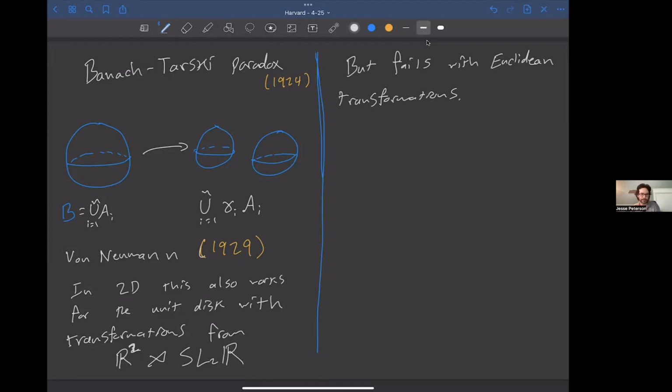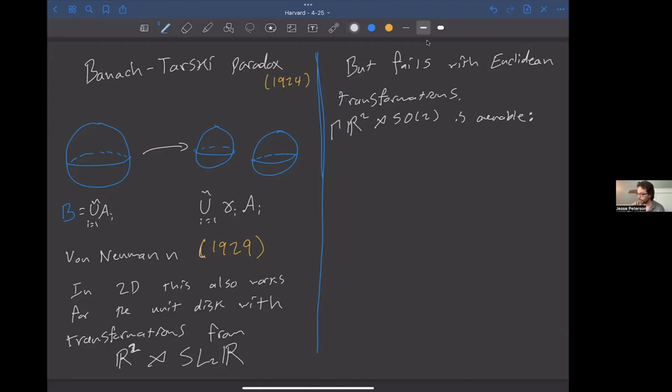And the reason this fails, and this is what von Neumann discovered, is that if we take R2 cross SO2, this group is amenable. And this is where he introduced this terminology and this notion of amenability.